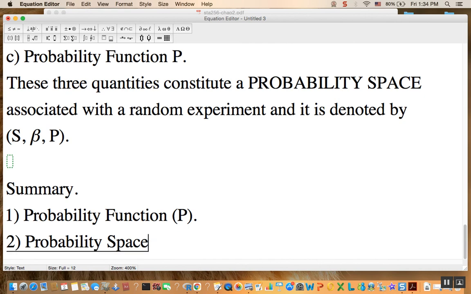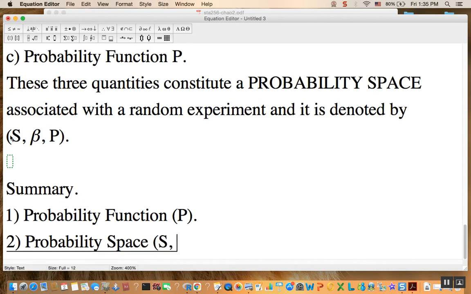And a probability space has three ingredients: S, the sample space; beta, the sigma field or Borel field associated to that particular sample space; and P, a probability function that satisfies those three properties that we talked about, that the numbers that we're going to be assigning to any event are going to be numbers between 0 and 1, the probability of the sample space equals 1, and if we have a decomposition or partition of an event, then all we have to do to find the probability of a union is compute the sum of probabilities of the components. Make sense?